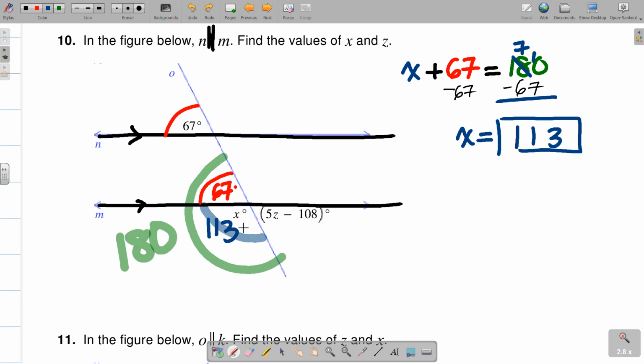Now Z, I know that these are equal because they're alternate exteriors. So this is 67, this is also 67.